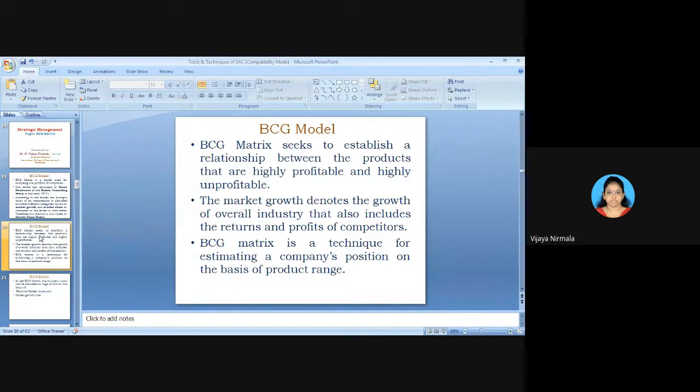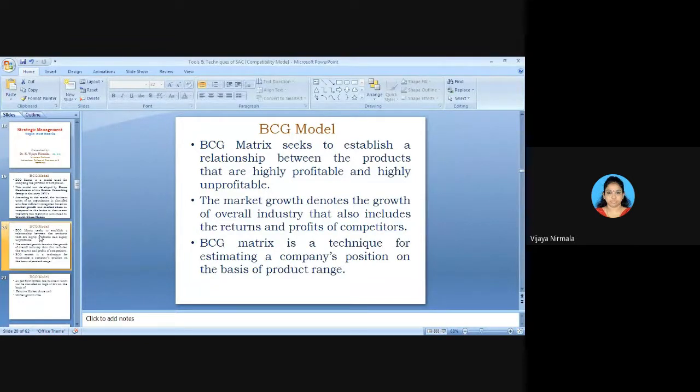So this Boston Consulting Group matrix is a technique to estimate the company's position on the basis of its product range. So see this. This BCG matrix estimates based on the product range, that is the usage of the product.